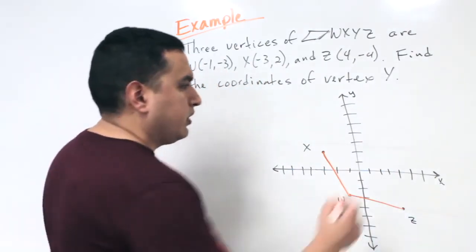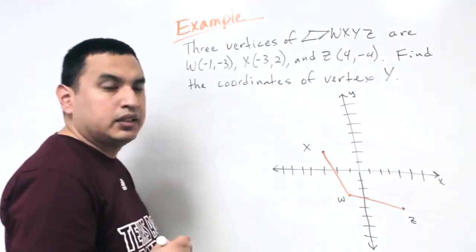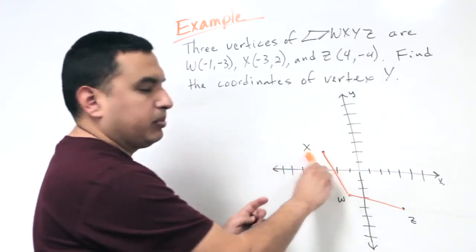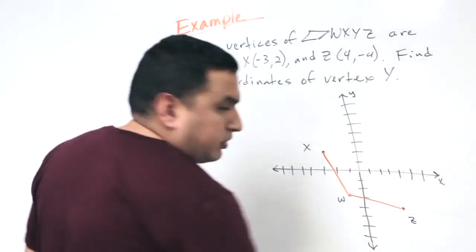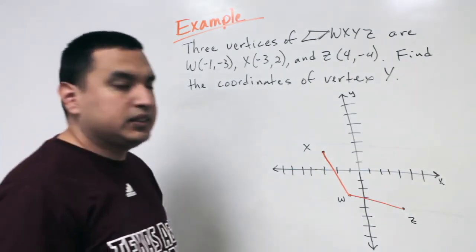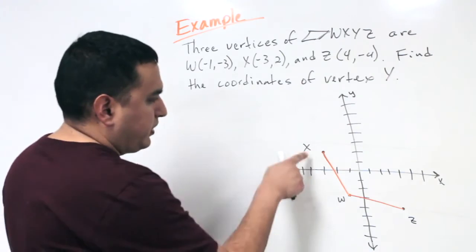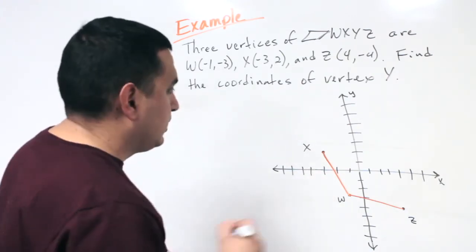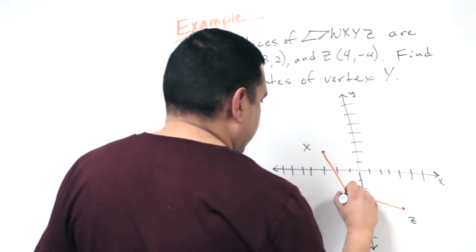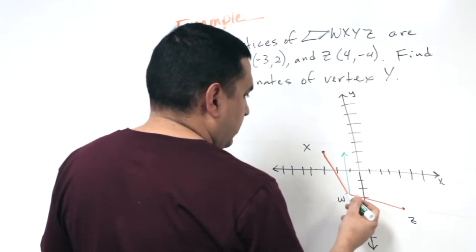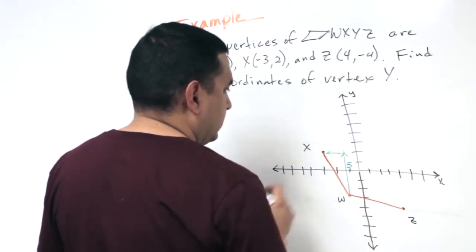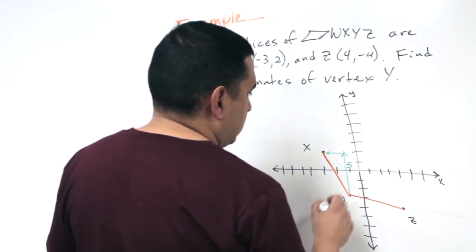And so I need to figure out where this other point is going to go, this Y. Now to do that, I know that opposite sides are parallel, because that's part of a parallelogram. So the easy way to do this would be to find the slope of, say, this segment right here, XW. We go up 1, 2, 3, 4, 5 units, and then we go left 2 units.